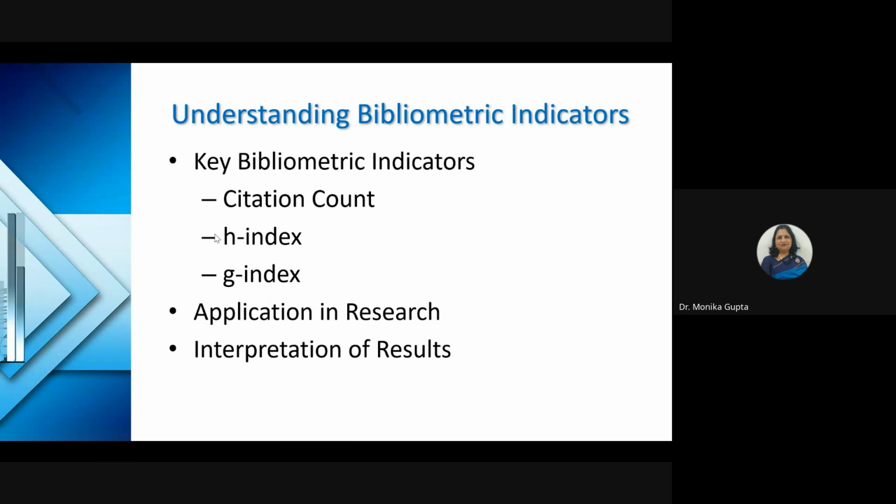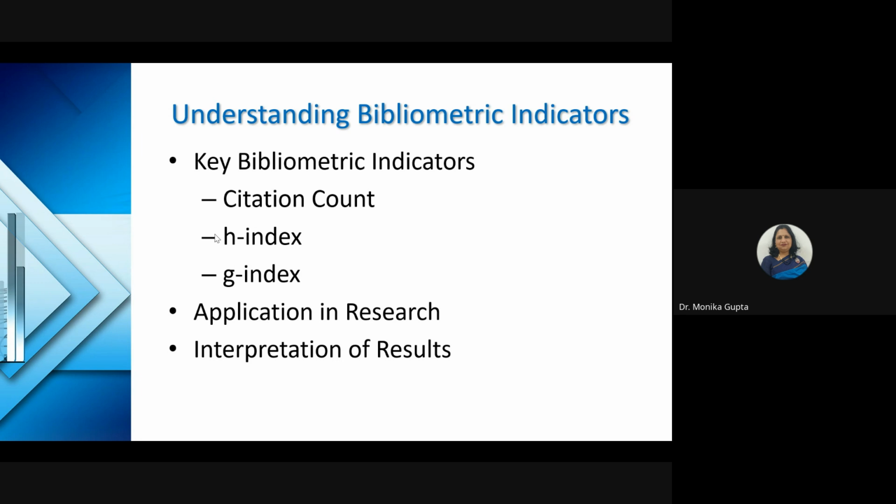Please remember these three terms. Citation count measures the number of times a paper has been cited, whereas H-index combines productivity and citation impact, whereas G-index gives more weightage to highly cited articles.